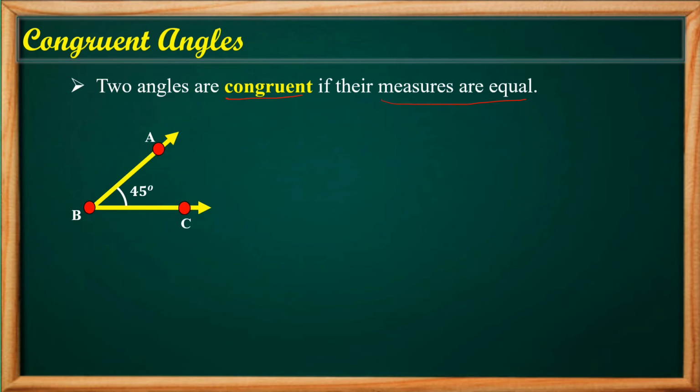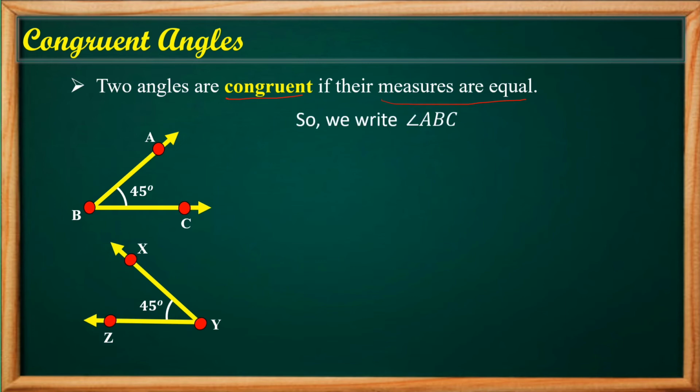Example, we have here angle ABC. The measure of angle ABC is 45 degrees. And another one, angle XYZ, the measure is 45 degrees. Therefore, they have the same measurement. So, we write that angle ABC is congruent to angle XYZ.